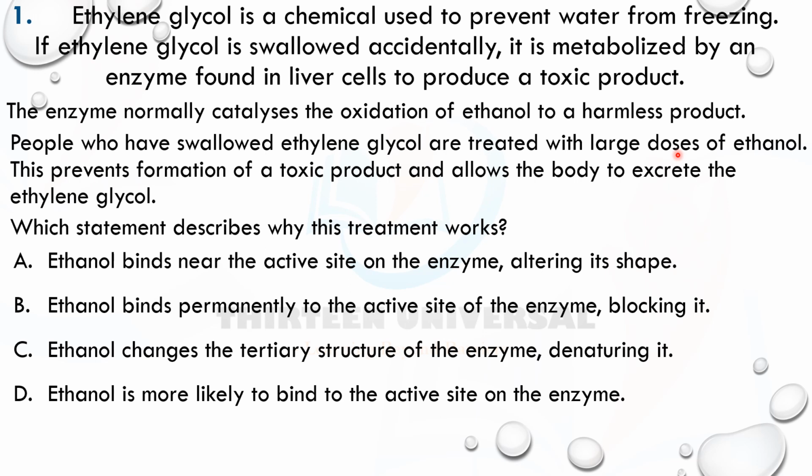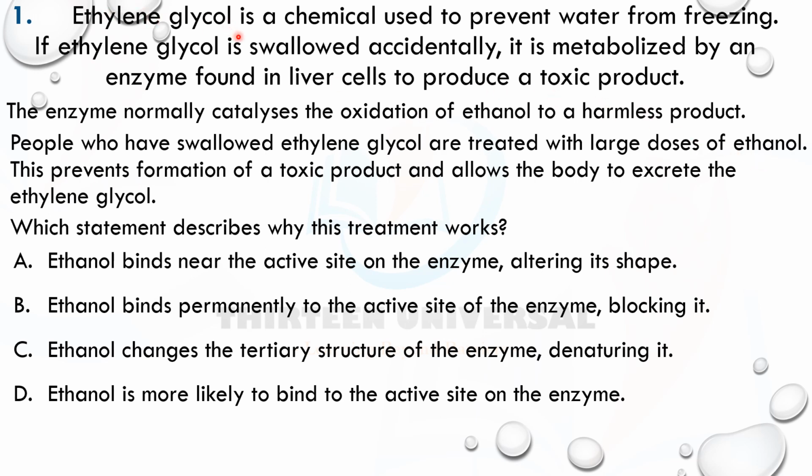So it seems to me, before we go into the question, that ethanol and ethylene glycol bind to the same active site of the enzyme found in the liver. Both of them have a complementary shape to the active site of this particular enzyme.